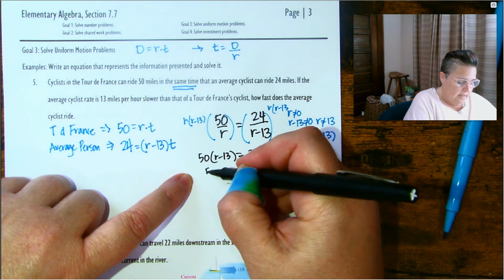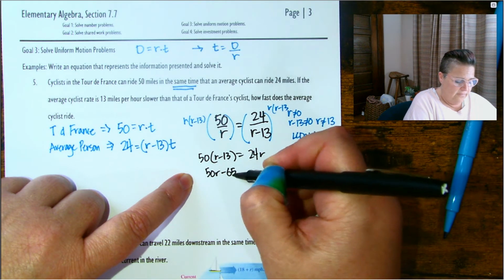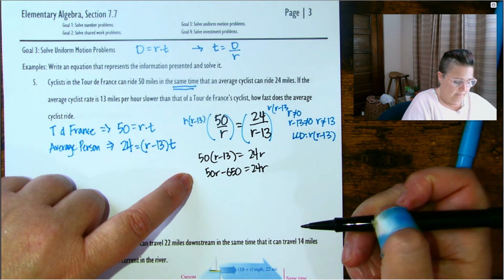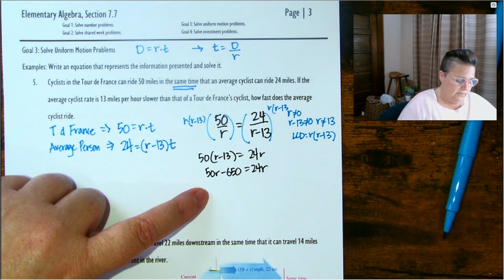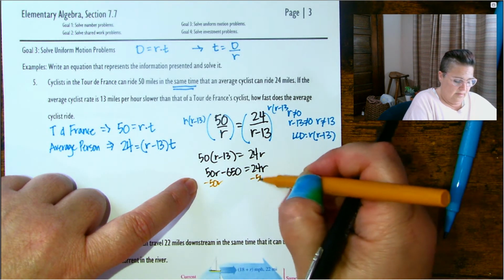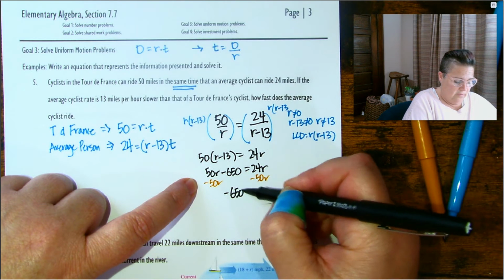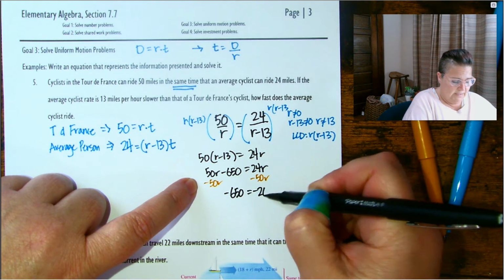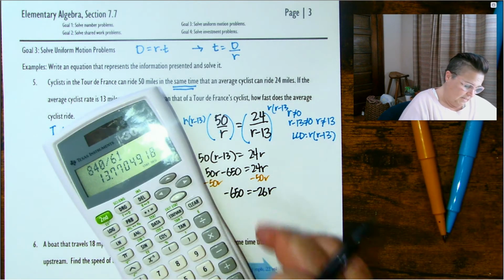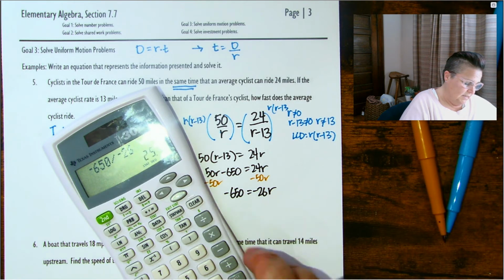Distributing, 50R minus 650 is equal to 24R. I'm going to subtract 50R from both sides. This gives me a negative 650 is a negative 26R. So I'm going to take negative 650 and divide that by negative 26.